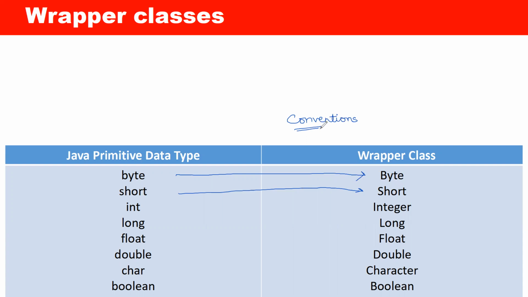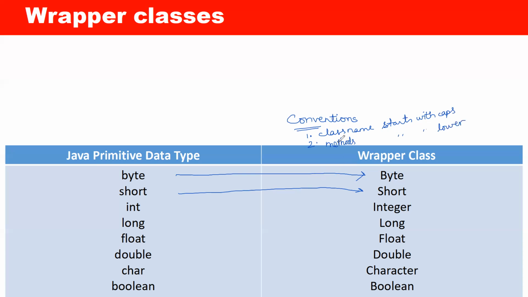So if you remember the conventions, I'll just repeat. All class names begin with a capital letter, and method names start with lowercase.